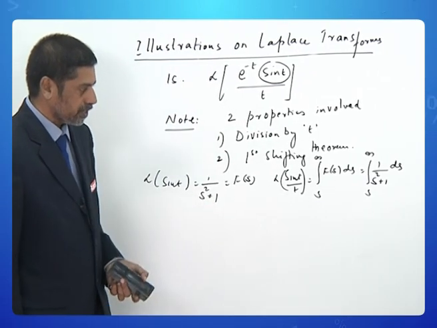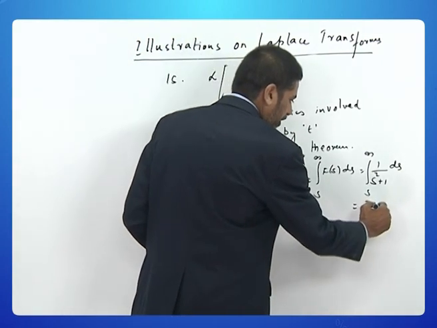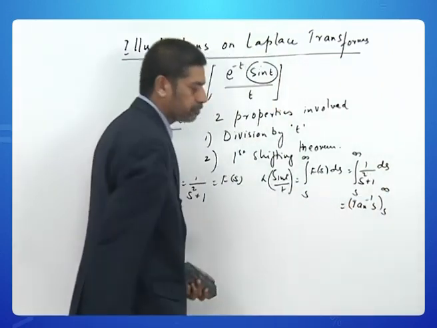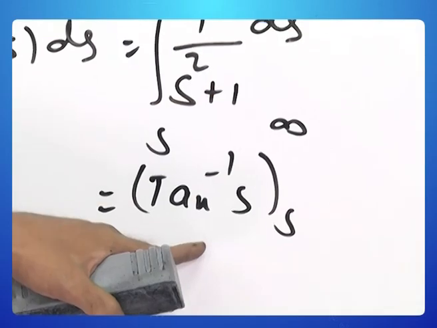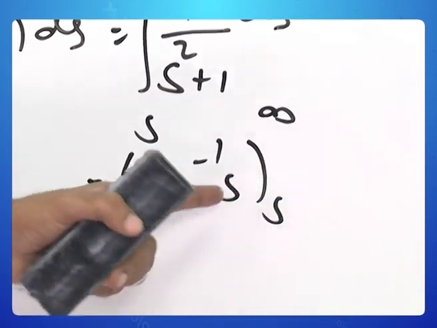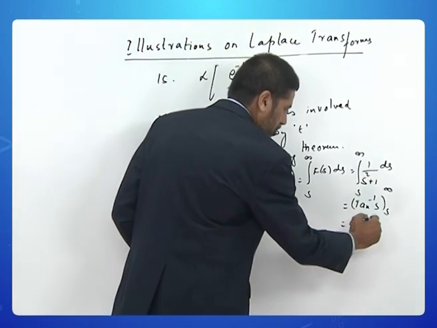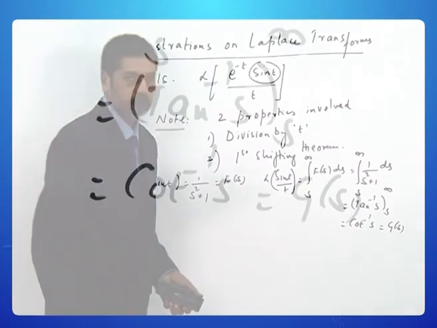Any student can do this integration. And what will you find? You will find it is tan inverse s from s to infinity. So when you apply the upper limit, you get pi by 2 minus tan inverse s. So what is the output? Cot inverse s. You call this output g of s.